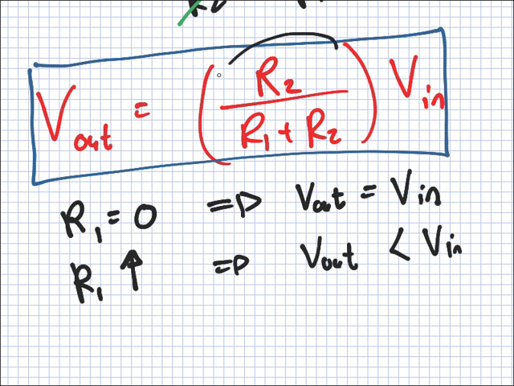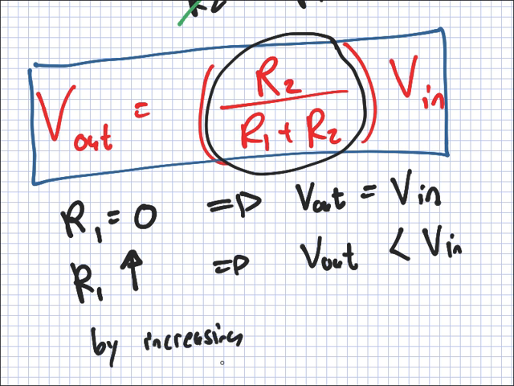This is getting smaller. Like maybe it becomes 1 over 6 or 1 over 7. So in other words, the idea is this: by increasing R1, you reduce the output voltage. So this circuit is a way to reduce voltage.